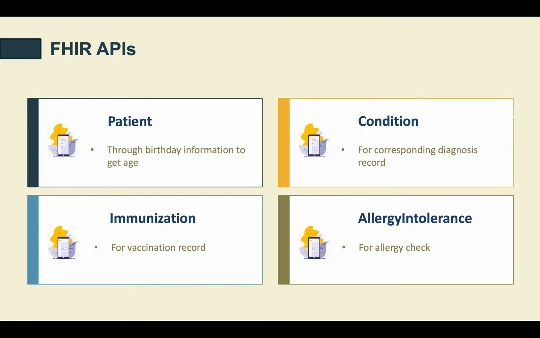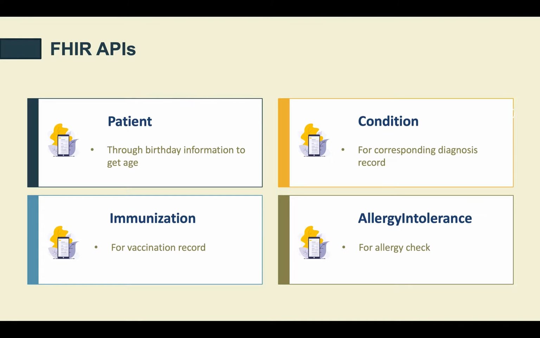Actually, we called 4 FHIR APIs to achieve our goal. Firstly, the patient API, we call this API to get the basic information of the patient. The key information we use here is the age, so we can check if the patient is in the age range for any vaccine, and if any vaccine is not recommended because of age.